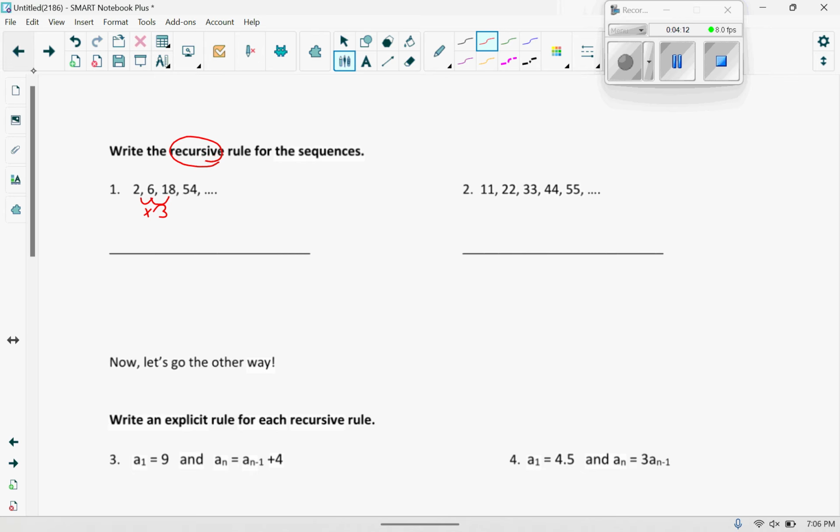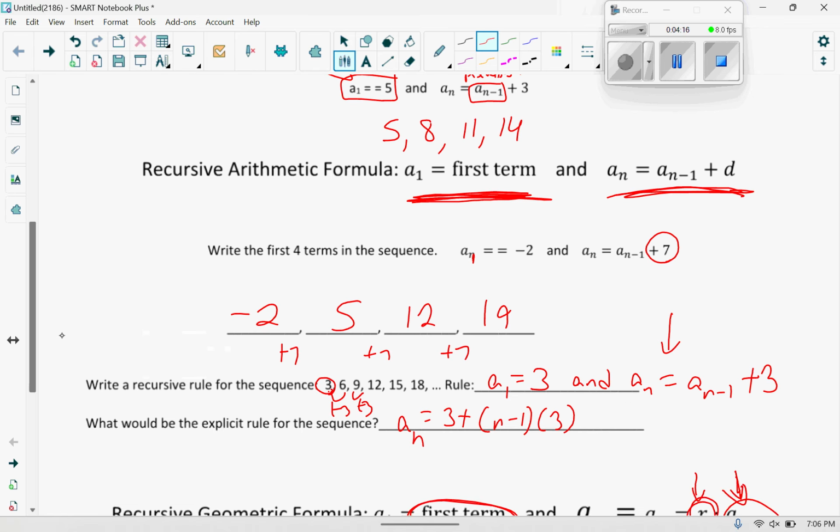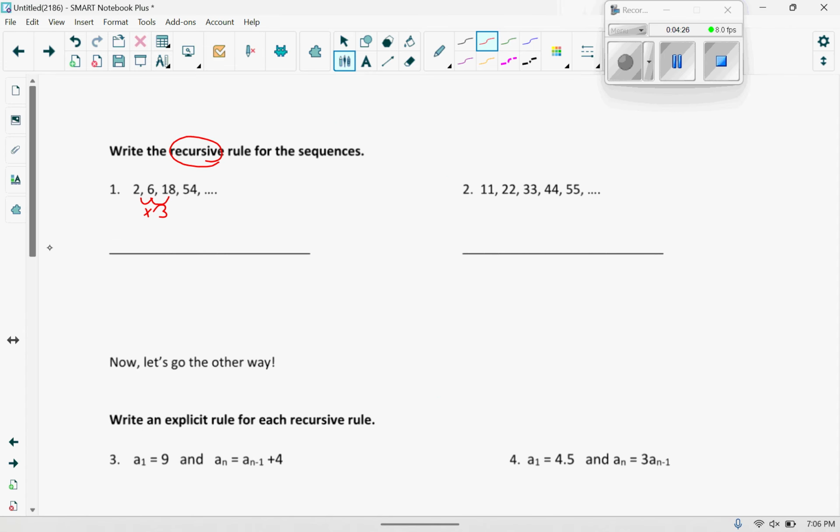So I'm going to go back here and do this one because I'm multiplying. I'm going to say a sub 1 equals the first term, so a sub 1 equals, in this case, 2.